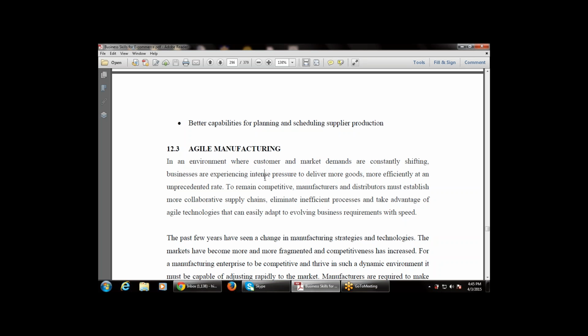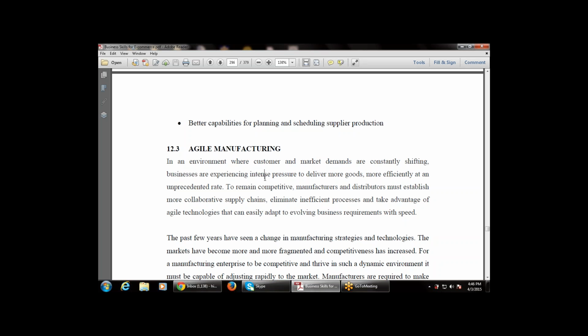To remain competitive, manufacturers and distributors must establish a more collaborative supply chain, reducing cost, eliminate inefficient processes, and take advantage of agile technology that can easily adapt to evolving business requirements with speed.